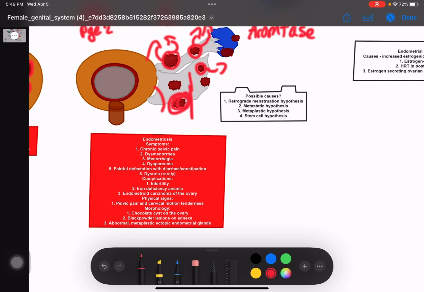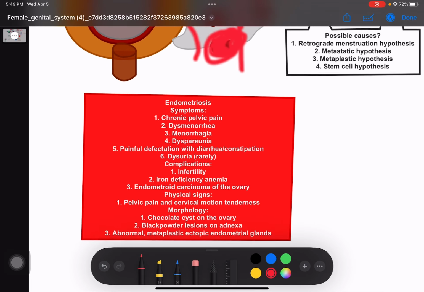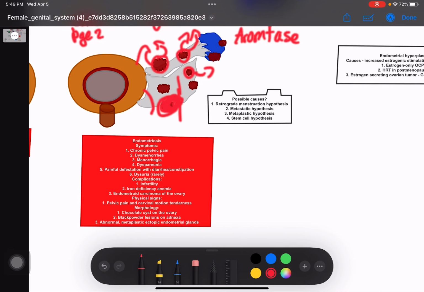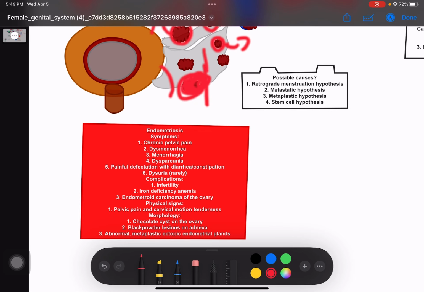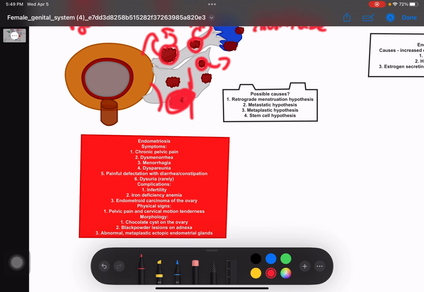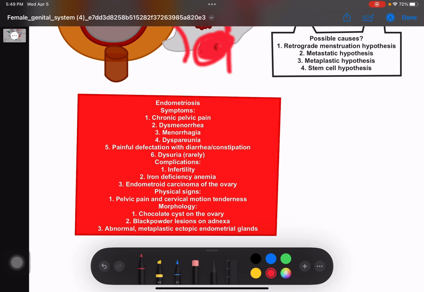Because it is aligned near the rectum, so it will be painful for the person with endometriosis to defecate. There's dysmenorrhagia, menorrhagia, dyspareunia, which is painful intercourse, if those endometrioid tissues are near the cervix.